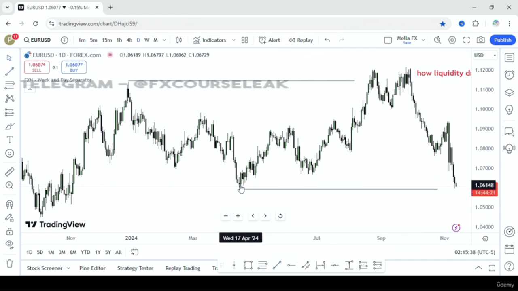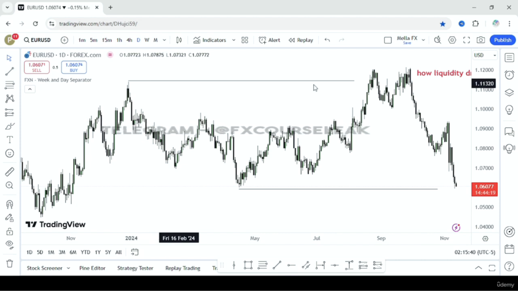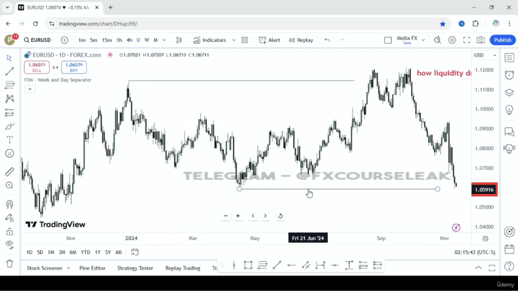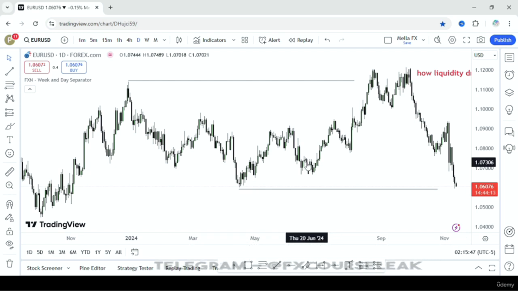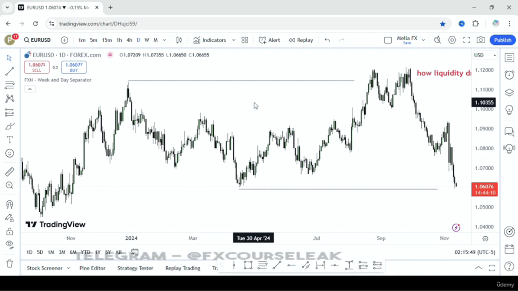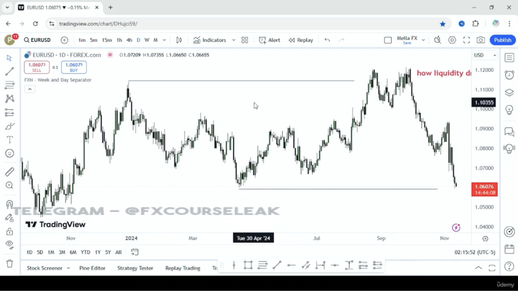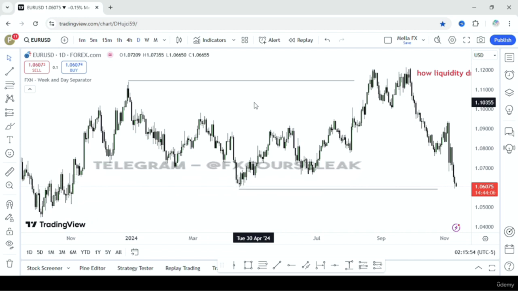If the market moves from premium to discount in search of liquidity in the higher time frame, then it's also the same for the smaller time frames.